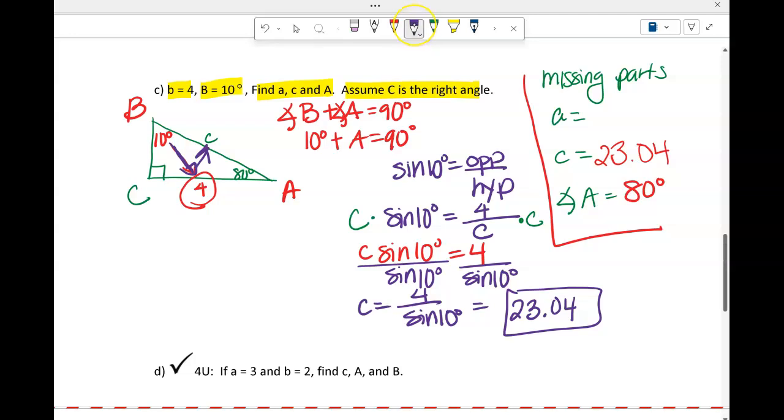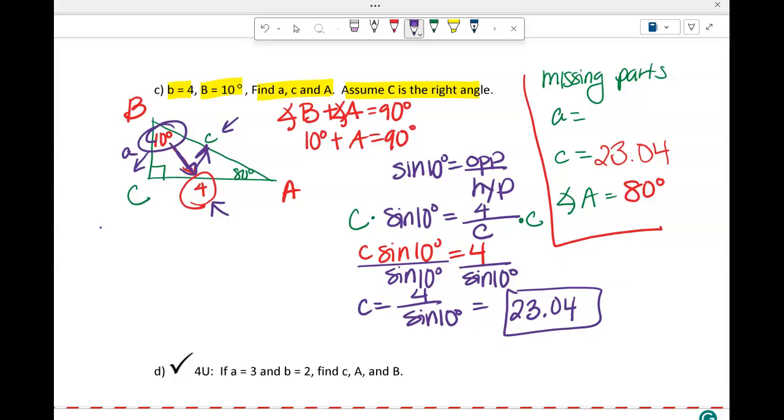So technically we can use the Pythagorean theorem, but because I just want to practice our trig, let's still use trig. Let's use cosine, we haven't used that. So again, I'm going to use 10 degrees, and then A is your adjacent, and then we have C, which is 23.04, so we can use cosine. Now better yet, guys, let's use the opposite of B, which is 4.